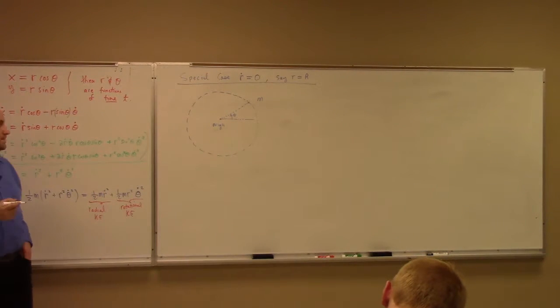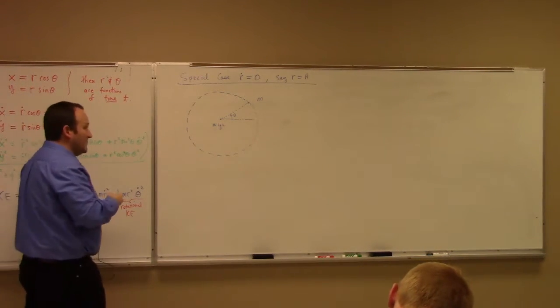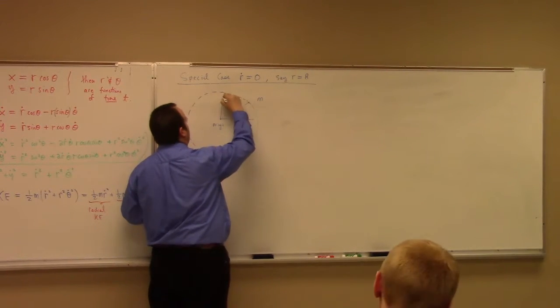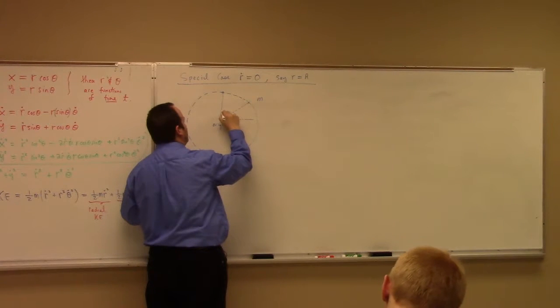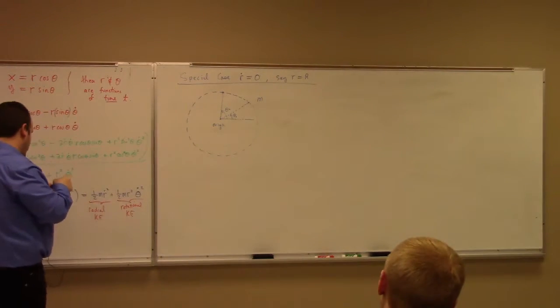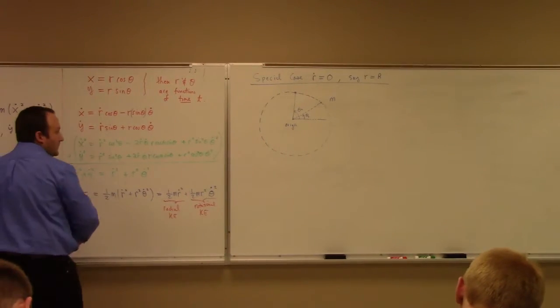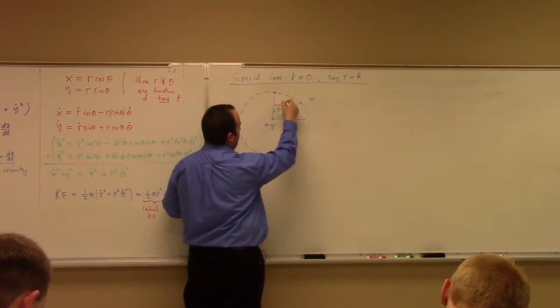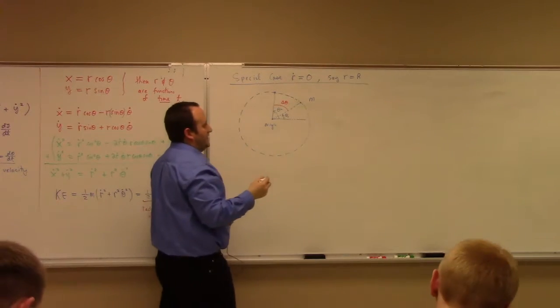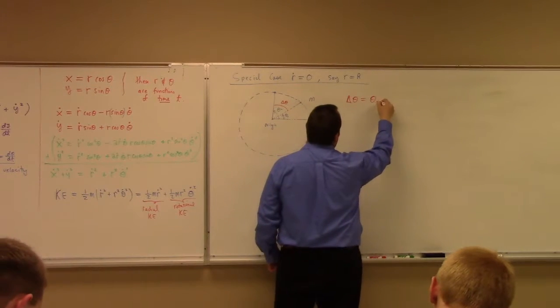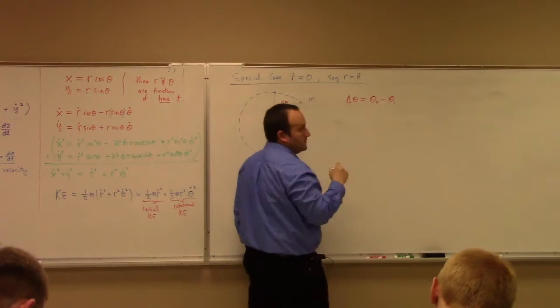So if we compare theta 1 over here to theta 2, we would have a certain angle subtended here. Change in theta would be theta 2 minus theta 1.